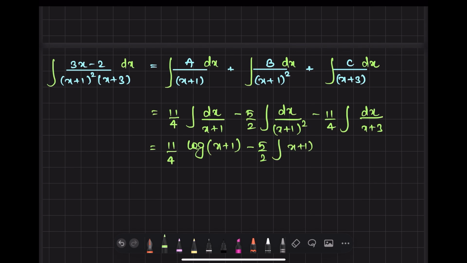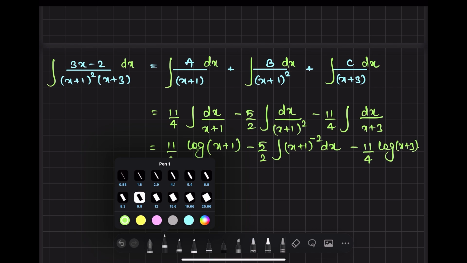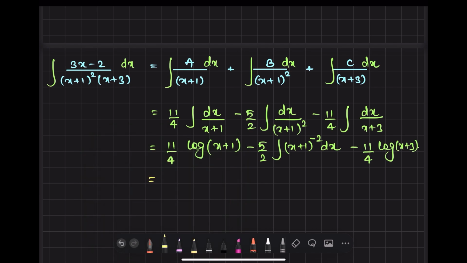So x plus 1 power minus 2 dx. I will integrate that part. 11 by 4 and then log x plus 3. Okay, and then we have integration, we will do it. So just copy paste again. So it is 11 by 4 log x plus 1, then minus 5 by 2.